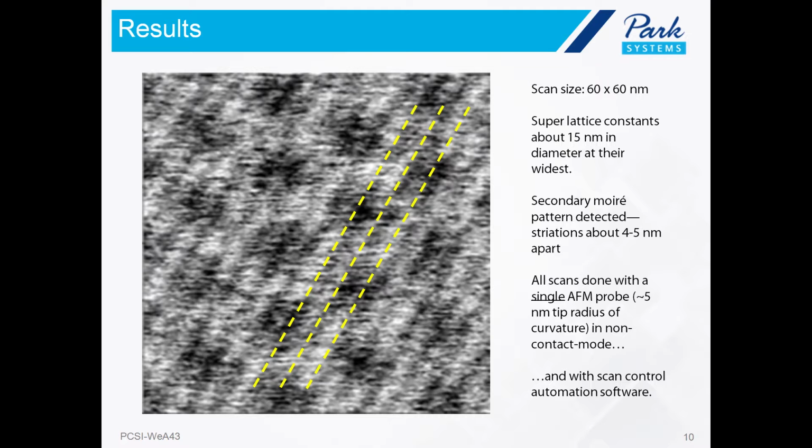So if this is of interest to research groups who have to train a lot of new users, people who haven't really used AFM before, they can simply rely on the tool and the software to produce these images for them, and they'd be able to get this same kind of research done on their own.